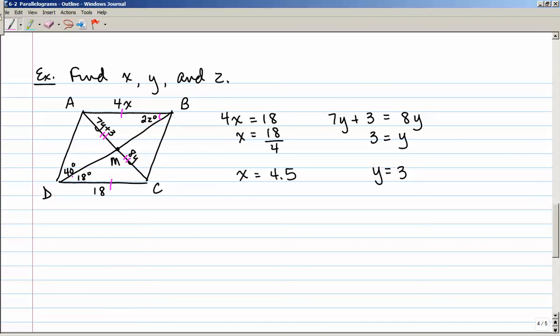So 2z is congruent to 18 because they're alternate interior angles formed by a transversal cutting through two parallel lines. So 2z is equal to 18 and z equals 9.